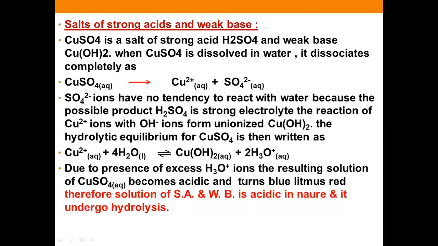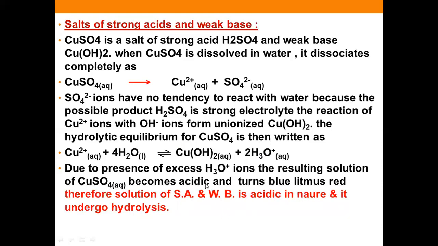Therefore, the solution of strong acid and weak base is acidic in nature and it undergoes hydrolysis. Due to what? In the product side, excess hydronium ions are present. As a result, the solution of copper sulfate becomes acidic.